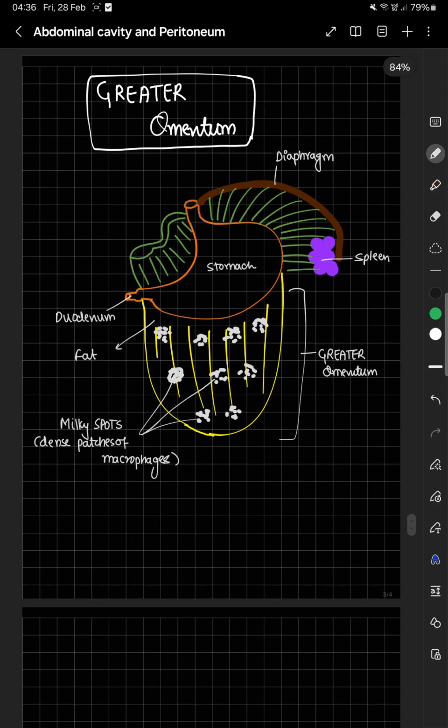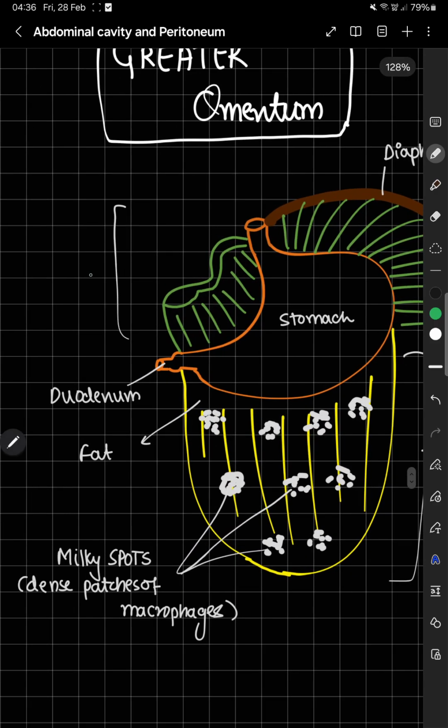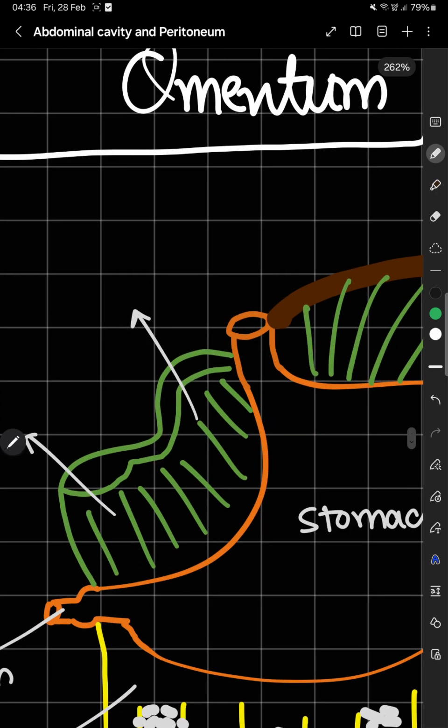And then we have the diaphragm here, we have the spleen, and actually this above part over here is a part of our lesser omentum, which is made up of two ligaments. So here we have the stomach, and here is the position of the liver.